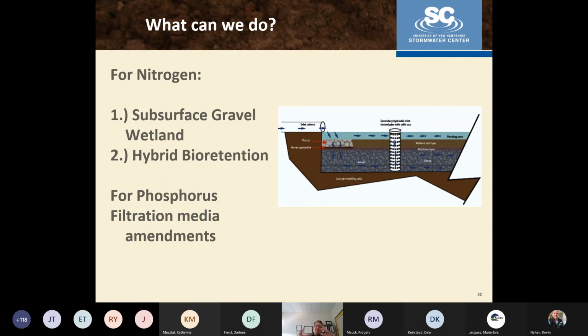So, the system is twice as long as it is wide. And sometimes you see that in ponds as well to help disperse the flow.